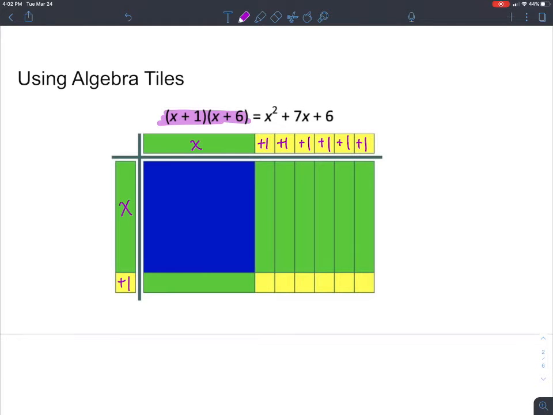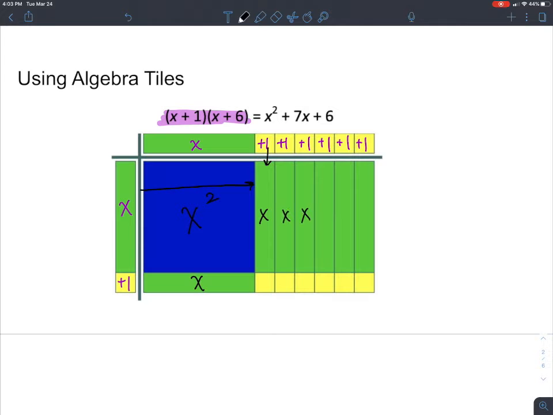Then we actually multiplied these to get this area inside. So x times x is x squared. Then when we did x times 1, that's just 1x. So then going to the other side, we have x times 1, which is just x.